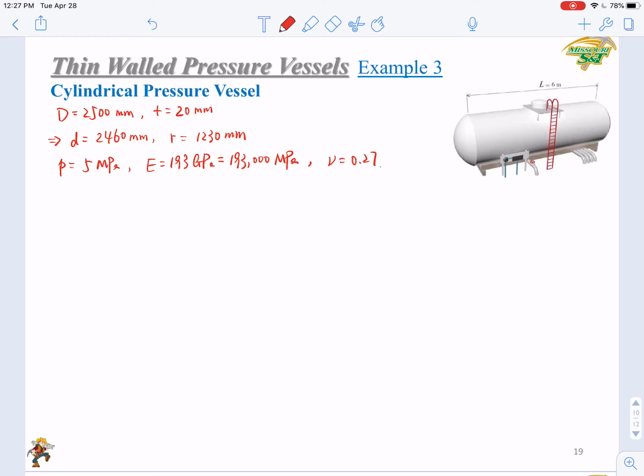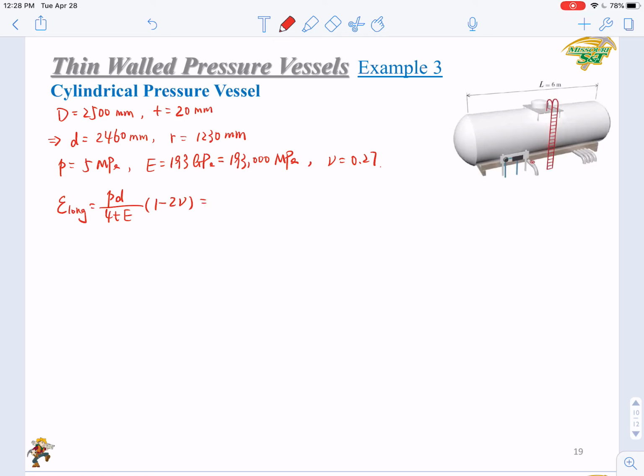Then we can just calculate the strains along these 2 directions. The longitudinal direction first. The equation said it's PD over 4TE times 1 minus 2 Poisson ratio.